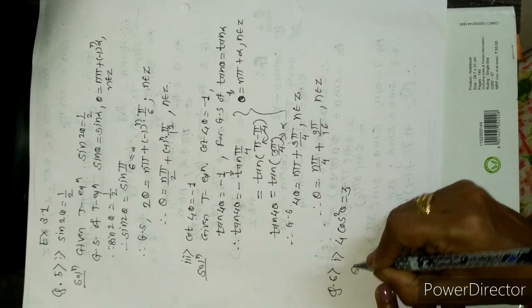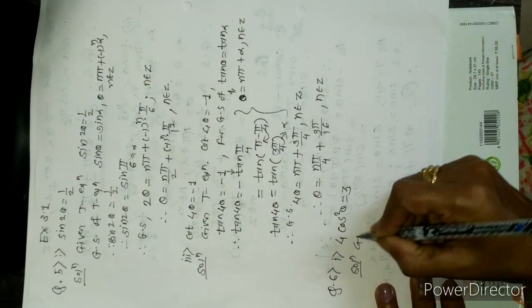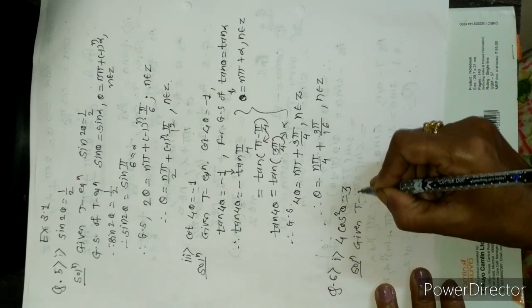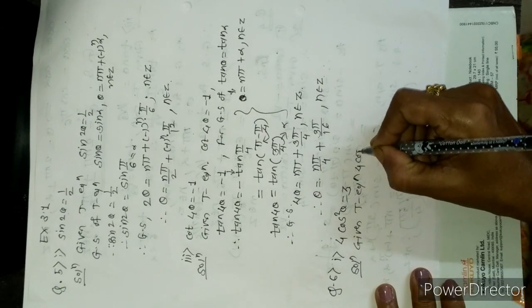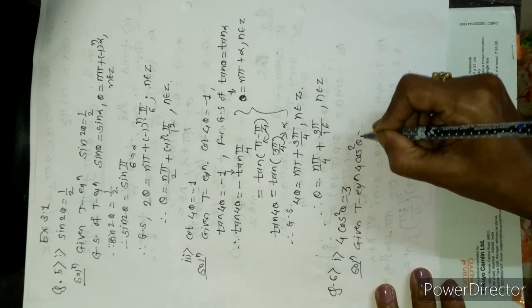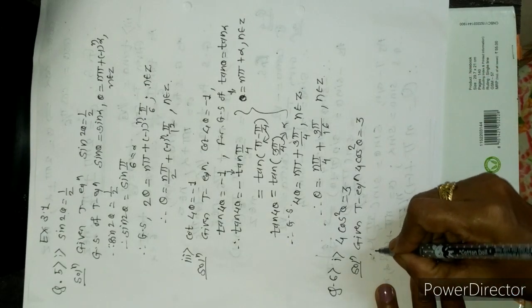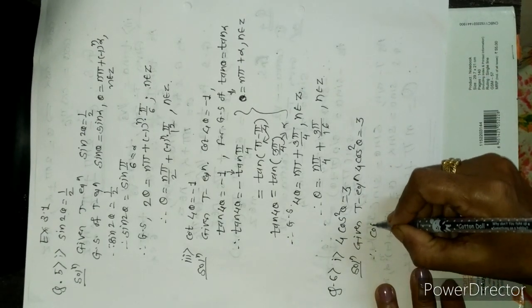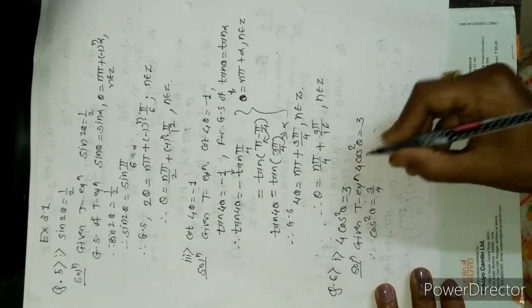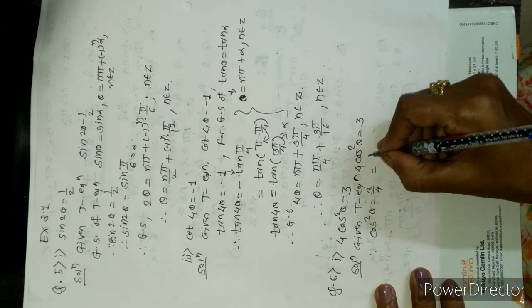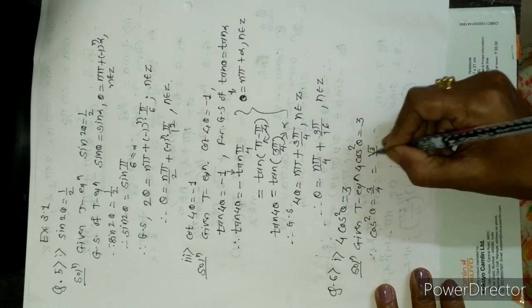So in this case, we write the given trigonometric equation 4 times cos square theta is equal to 3. Simplifying this, cos square theta is equal to 3 by 4. Now 3 by 4 is the square of root 3 by 2.